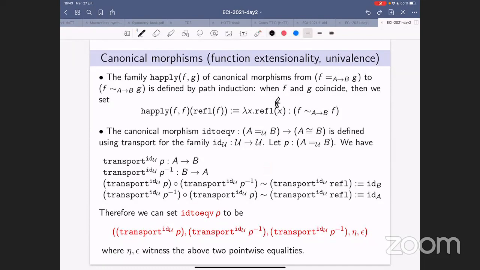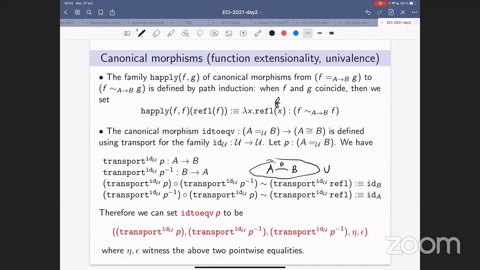You have your P, you have your universe U here, you have your B, and you have your P here. And we look for a function from A to B, okay?